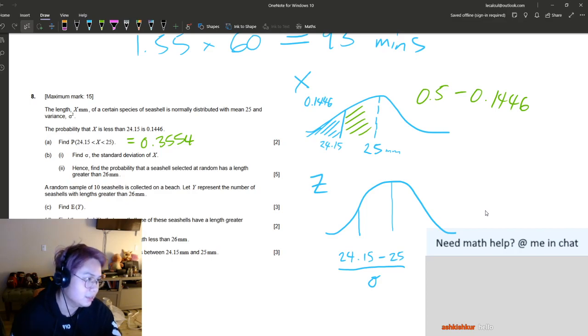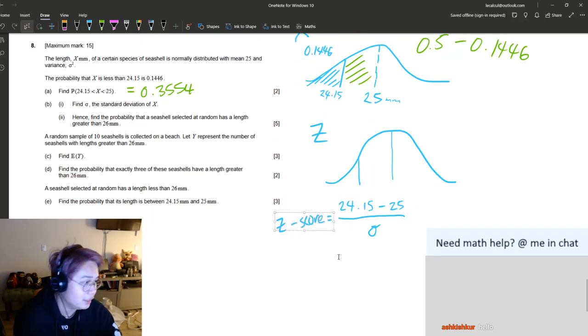Of course, we don't know what the standard deviation is just yet, but we do have an expression for the z-score that includes the standard deviation, which is what we want to find out.